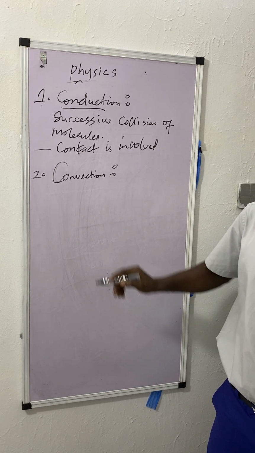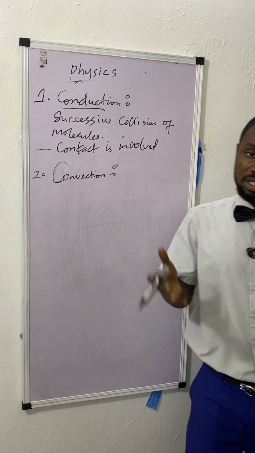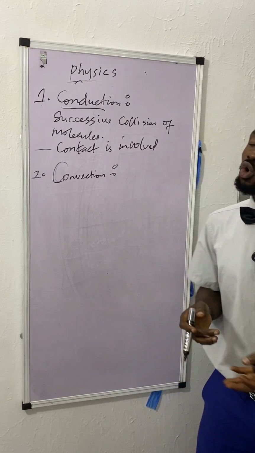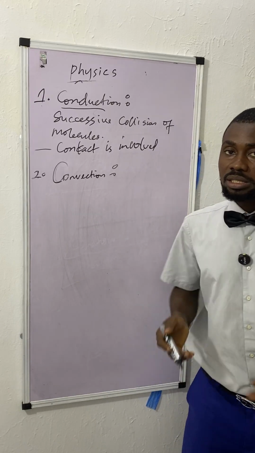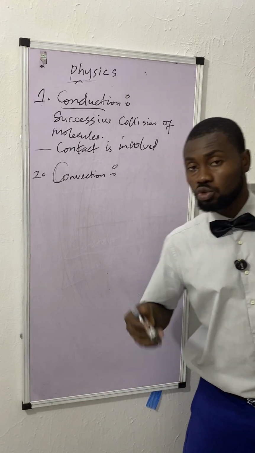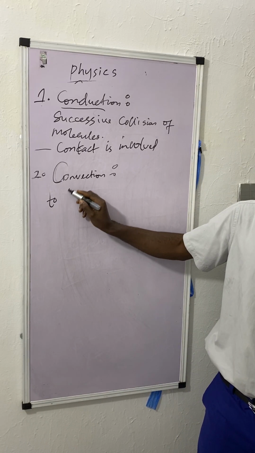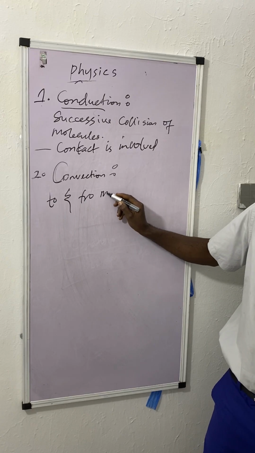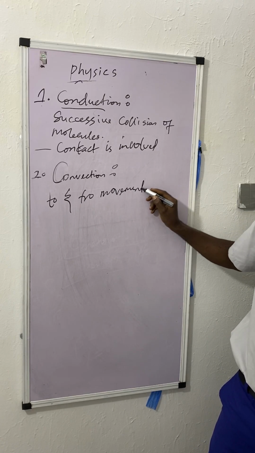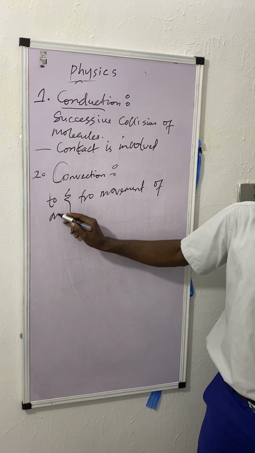Convection is the transfer of heat through upward and downward movement of molecules, known as convection current, a to and fro movement of molecules.